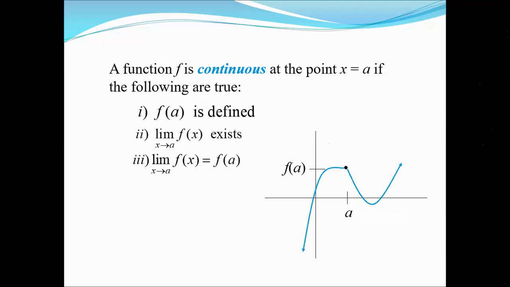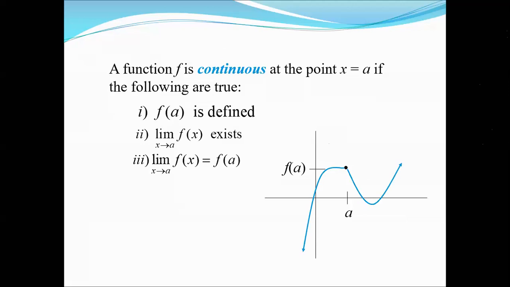And the next one is that the limiting value of f(x) at a is equal to the value of the function at a. That is, the limit as x tends to a of f(x) is equal to f(a). Is that clear? Three conditions are compulsory. The function must be defined at that point.